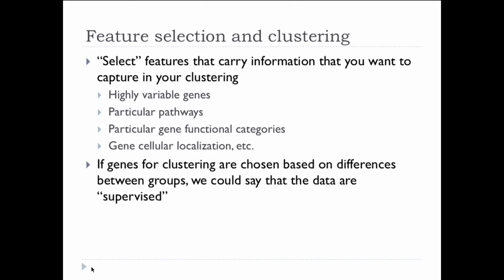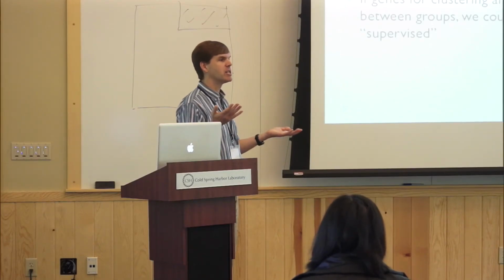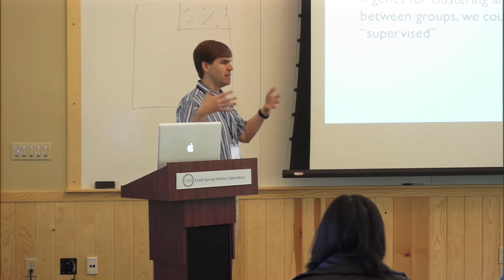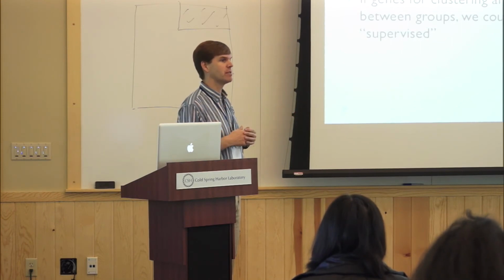So if I want to know how my samples are clustering and what the underlying gene expression looks like for receptor tyrosine kinases, I can validly choose those genes because I didn't tell the computer that there are differences between my samples. I said, just give me this category of genes. There may be no differential expression in those genes.